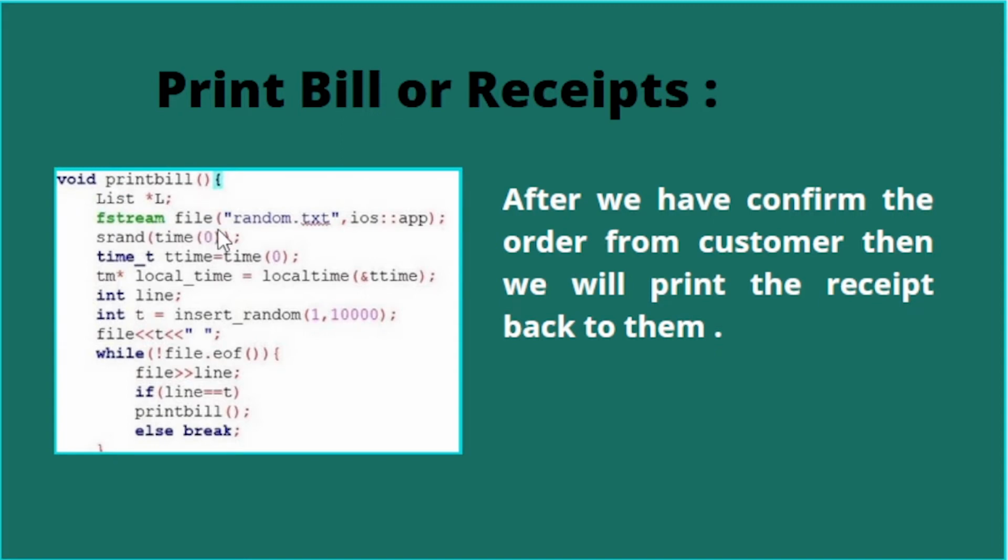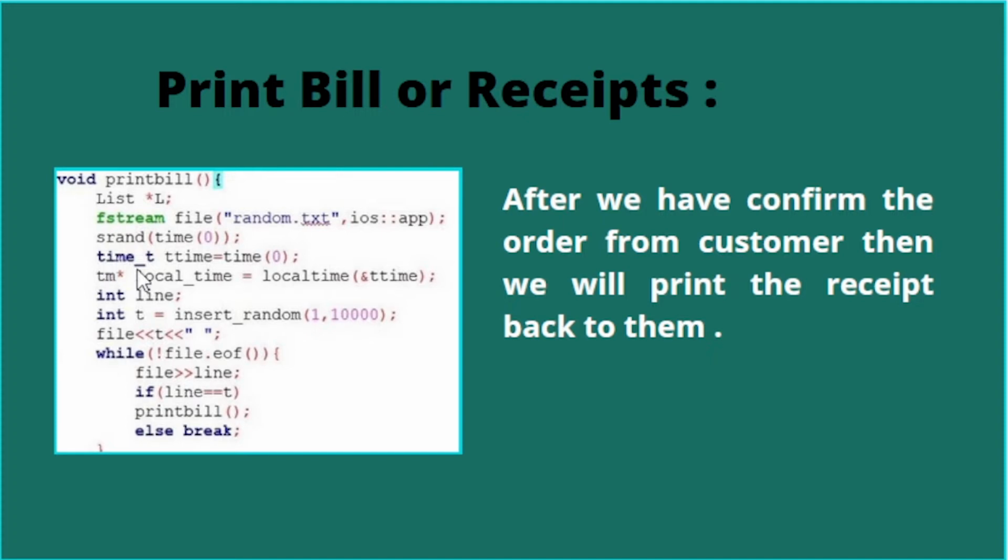This file I use to store the report. So if the admin wants to look back or check the report of this month or this year, they can check it.